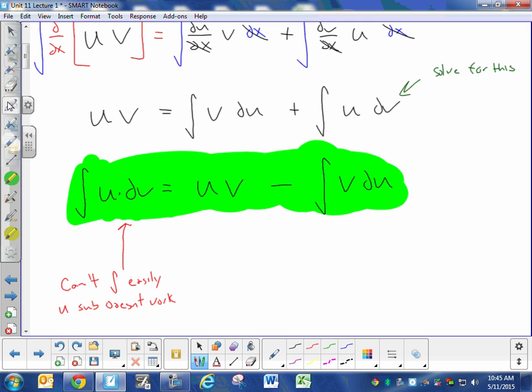What you're going to do is you're going to rewrite it as this. And when you rewrite it as this, you end up with this antiderivative of v du. This is going to be an easier antiderivative that you can take by hand.